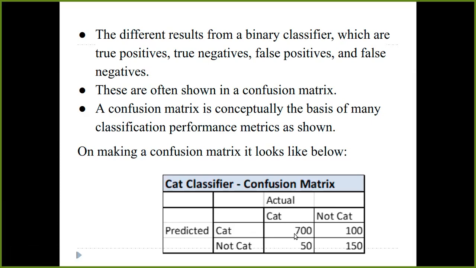For example, here this is my actual class, and this is the predicted class. For 700 samples which are actually cat and also predicted as cat, this is my true positive. Next, this is actually not cat, but as per the prediction the model categorized this as a cat.